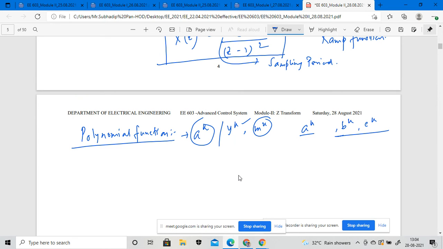As we are considering the time function, it should be considered as either x of t or x of k.